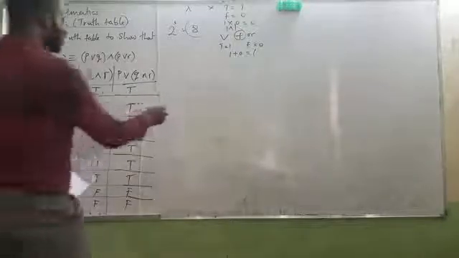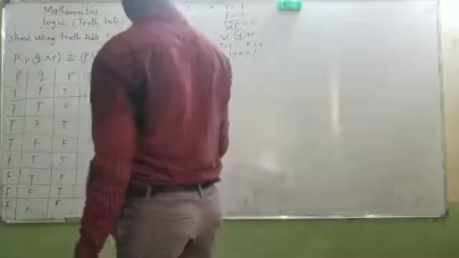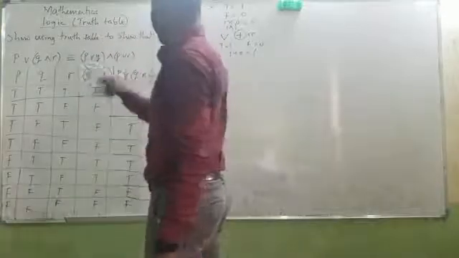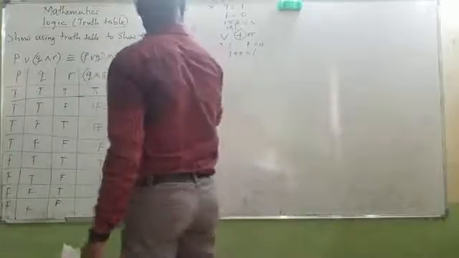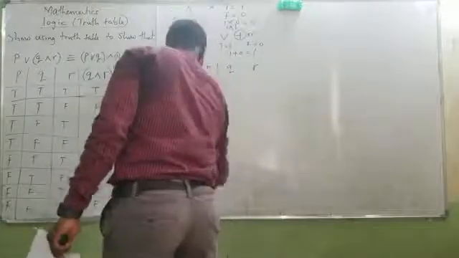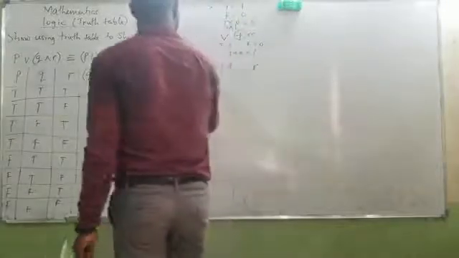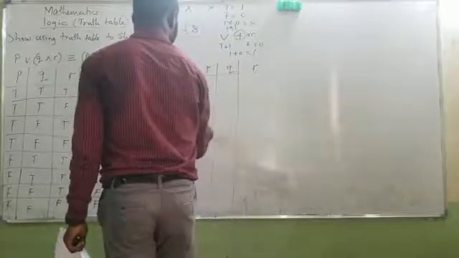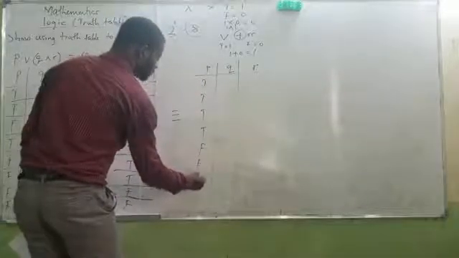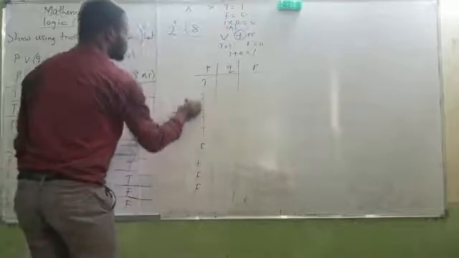I will now move on to the next one. Can it be equal to? Okay, I will start over again. Let me put P, Q, R also for better understanding, so that we'll be able to see very well. I won't rush. True, true, true, true, and false, false, false, false. 1, 2, 3, 4. 1, 2, 3, 4.